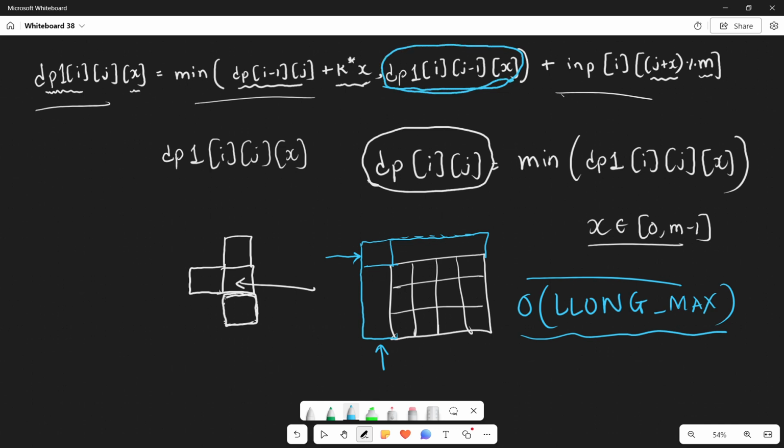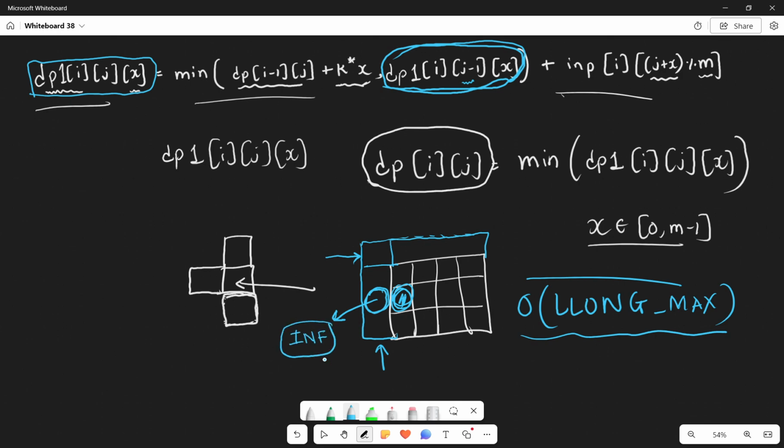When you are trying to perform this dp1 of i, j, x operation on this cell, you basically index j minus 1, so you're trying to access this cell. But this cell has to be a much larger value because you cannot reach there.